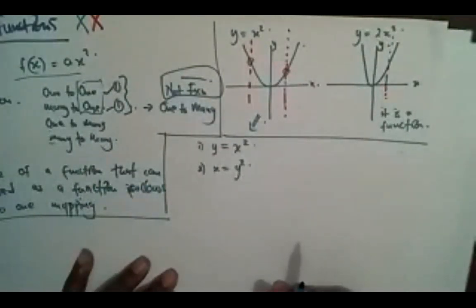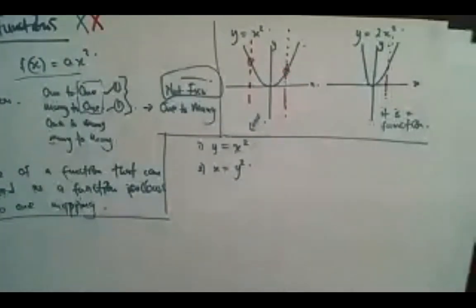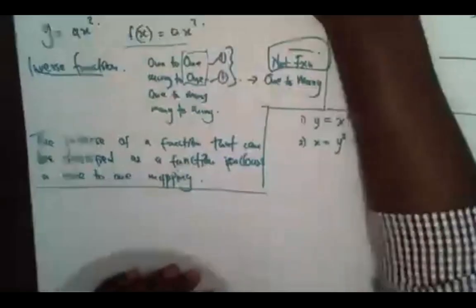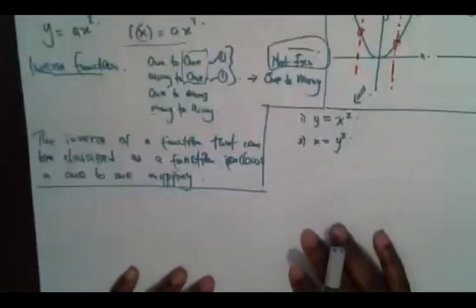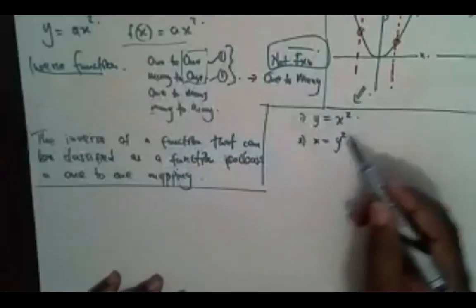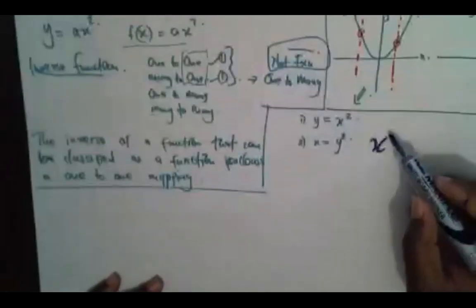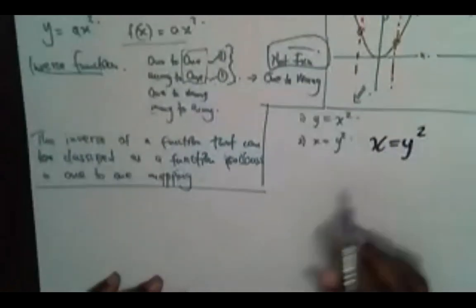Okay, let me just try to adjust. Just give me a minute. I'm going to try to use a bigger pen, which is x is equal to y squared. I don't know if it is still blurry.